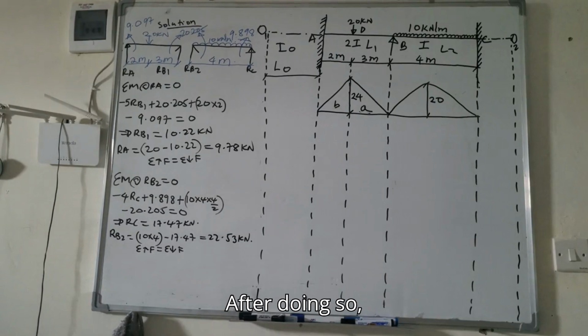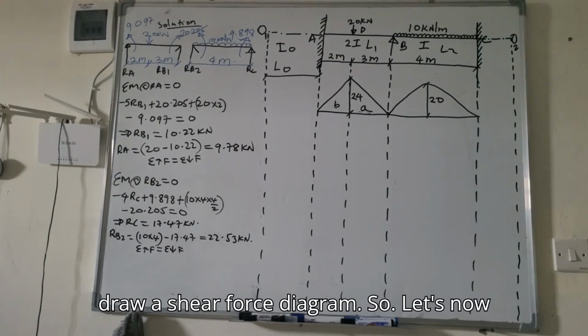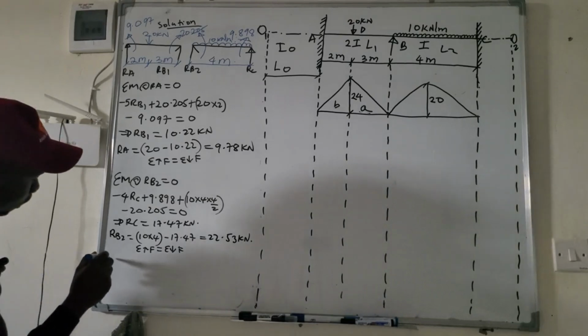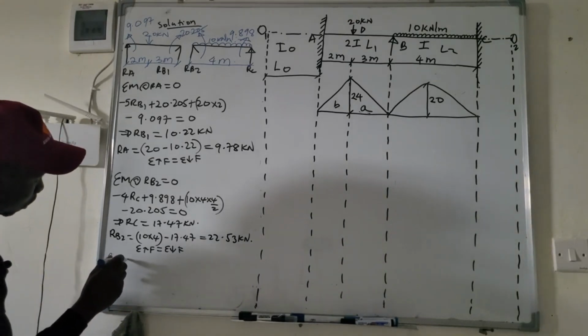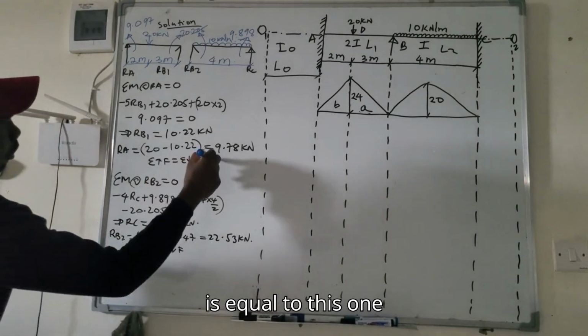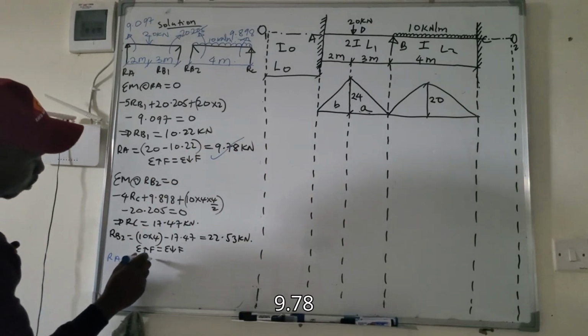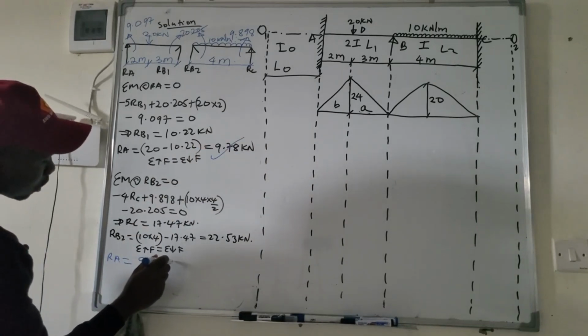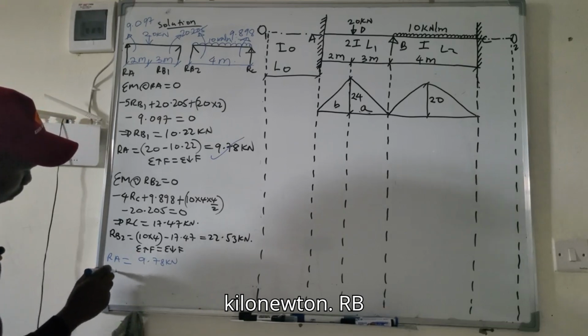After doing so, our next thing to do is to draw a shear force diagram. So let's now see, RA is equal to this one, 9.78 kilonewton.